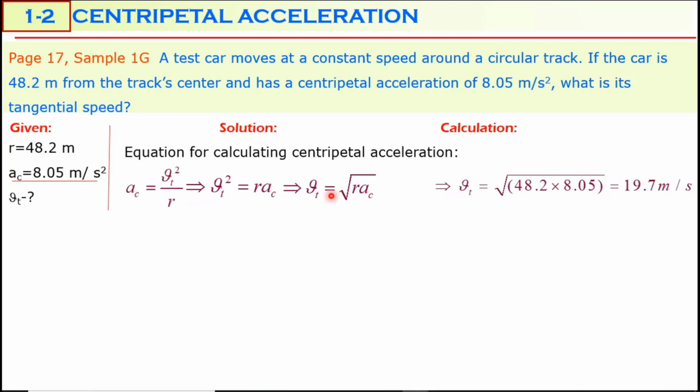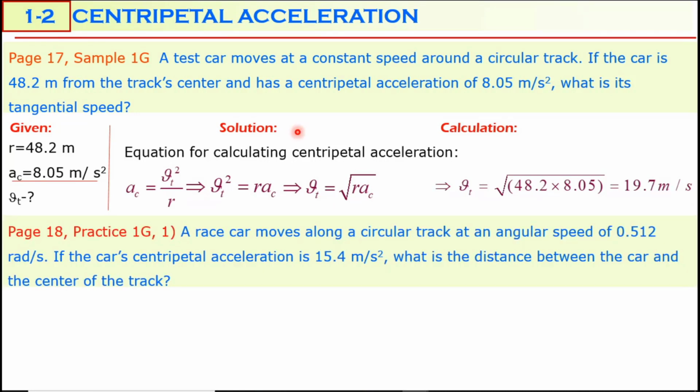So this car is moving on this circular path with a tangential speed of 19.7 meters per second.